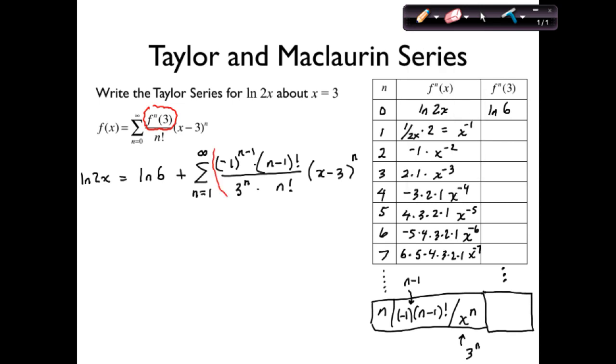What I've circled in red is what we found by the table, just the nth derivative. But the coefficient in the Taylor series is the nth derivative divided by n factorial. We derived that 2 classes ago. So that's why we get the red thing over n factorial times x minus 3 to the n. That makes the Taylor series.